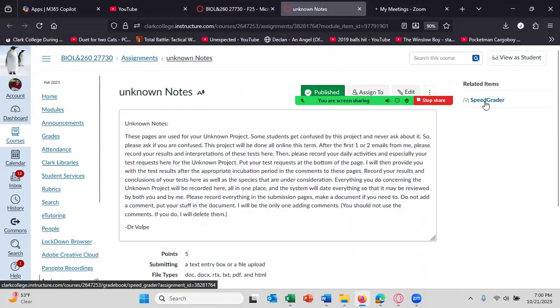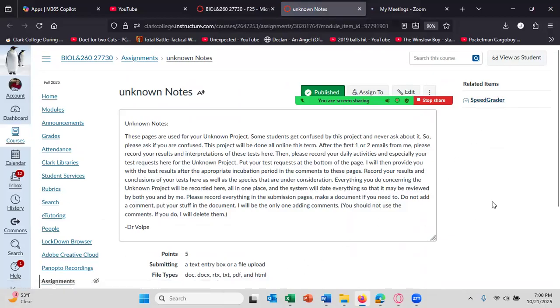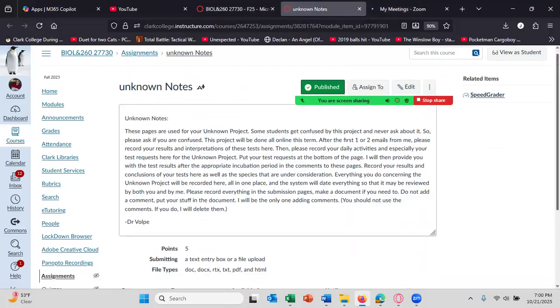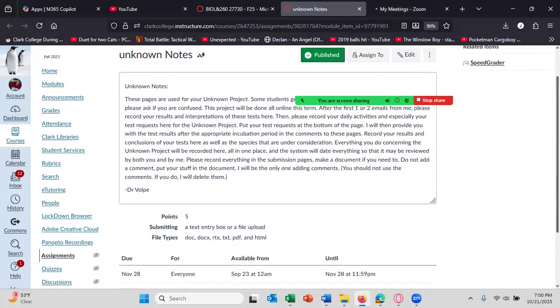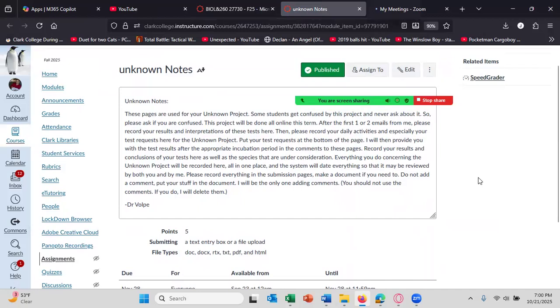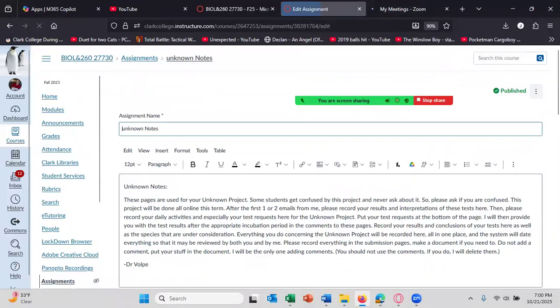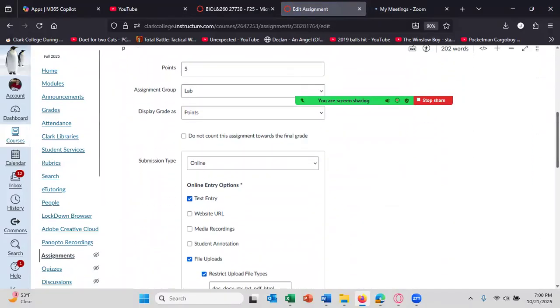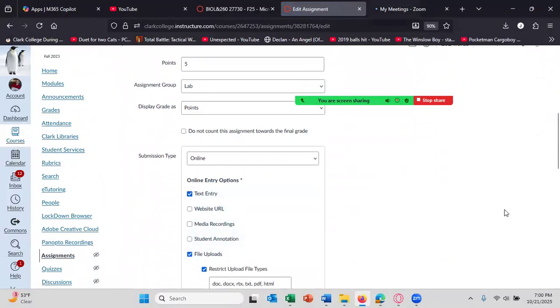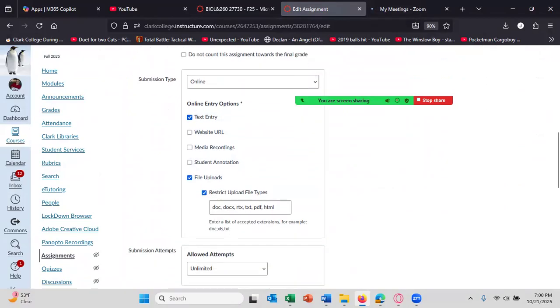You will have a download or upload page where you can upload a document. I think you can directly type in here too. Yeah, you can do text entry or you can upload a document. It has to be one of these types: doc, docx, RTF, rich text format, text, PDF, or HTML.